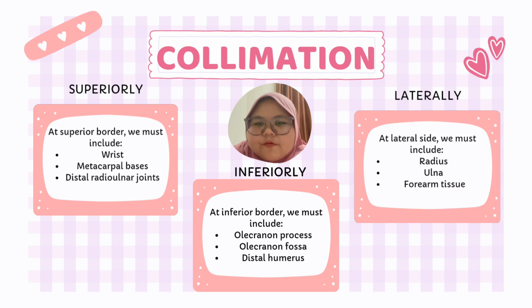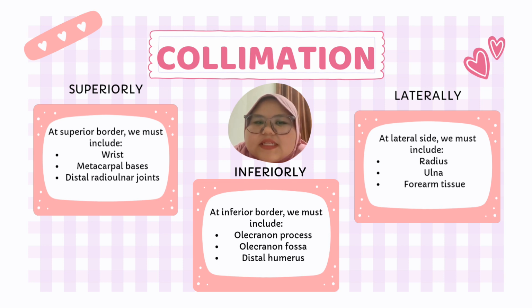We have covered positioning and alignment, so now we come to the collimation. For collimation, it must include all of these: superiorly, it must include wrist, metacarpal bases, and distal radial ulnar joints.